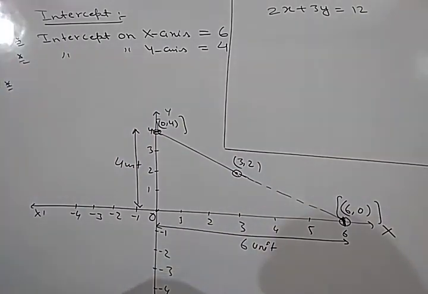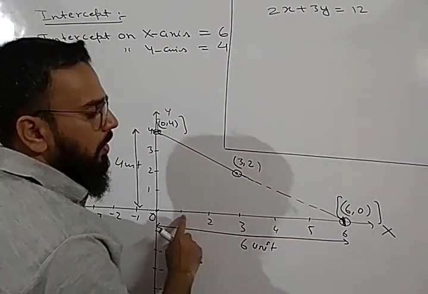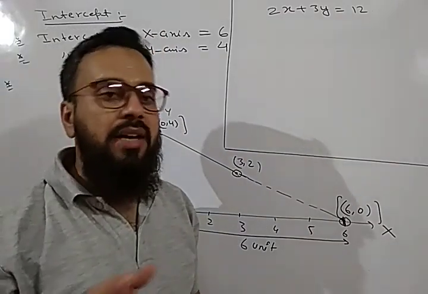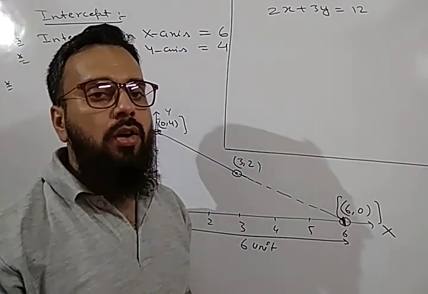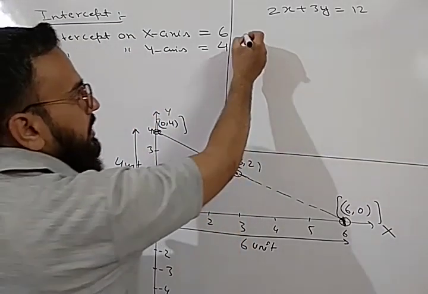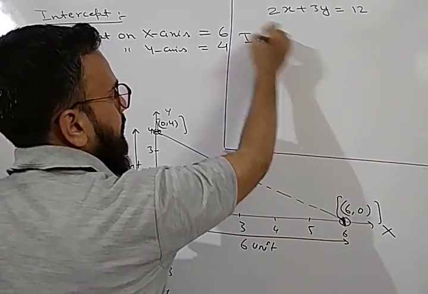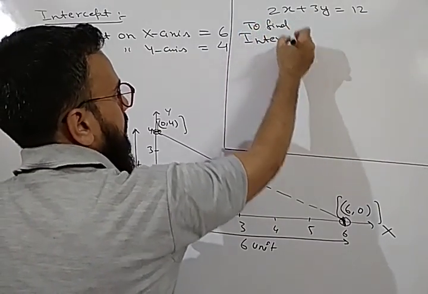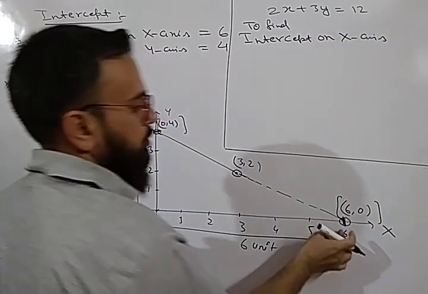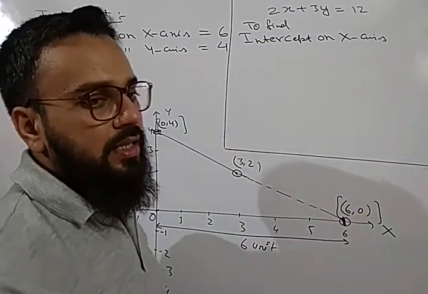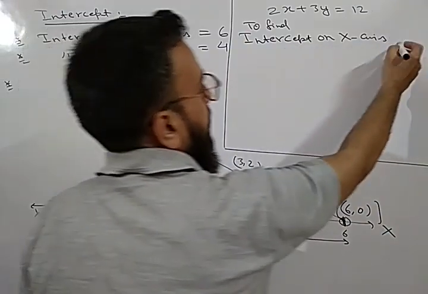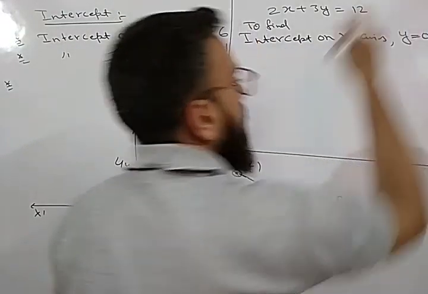Let us solve it. As we know, on the x-axis, what is the value of y? We have discussed it in coordinate geometry. On the x-axis, the value of y is always 0. It means if we have to find the intercept on the x-axis, because we have to find where the graph cuts the x-axis, at that point y will be 0.